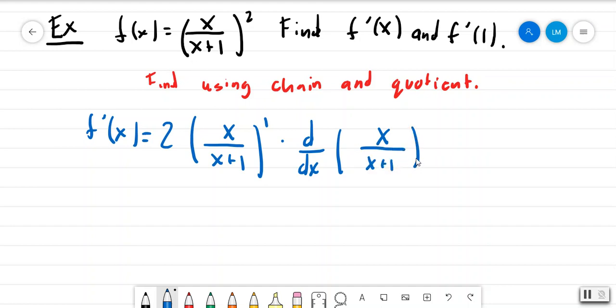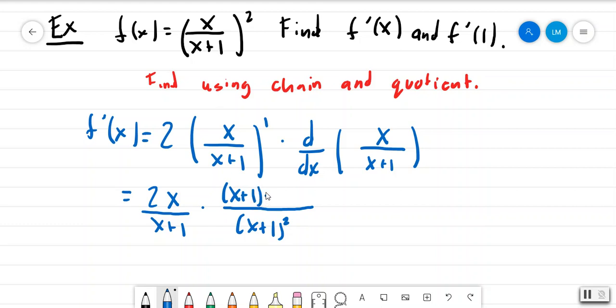Now, that means that we have 2x divided by x plus 1. So we multiply this by the quotient rule, so we're going to have x plus 1 to the second power. Then we have x plus 1 multiplied by 1 minus 1 from the derivative of x plus 1 times x.